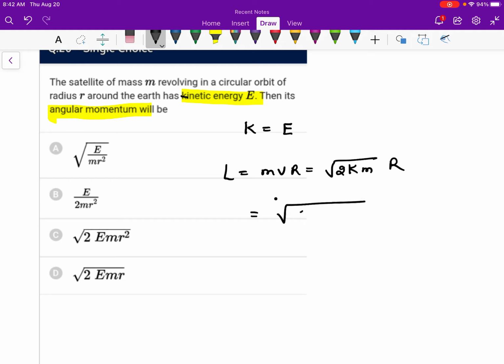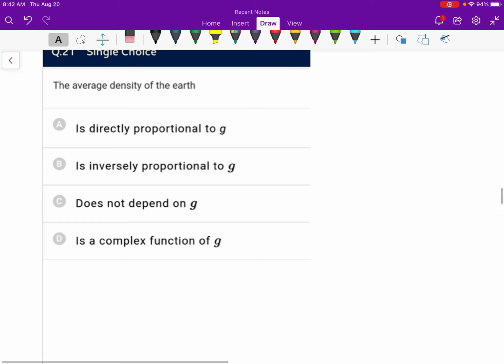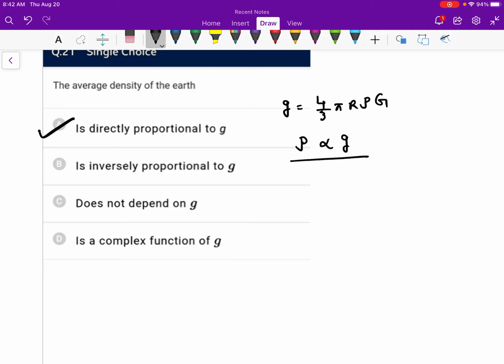Now kinetic energy is E, so 2Em into r square, so C is the correct option. The average density of earth related to g, so g is 4 by 3 pi r rho capital G. So average density is directly proportional to small g.